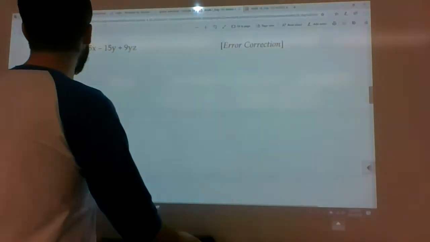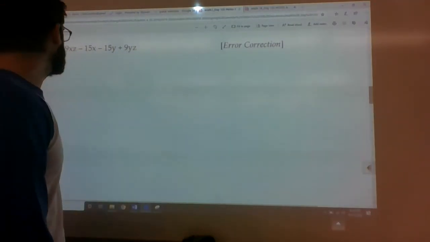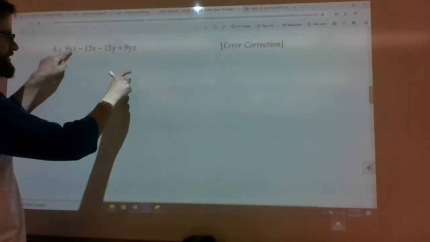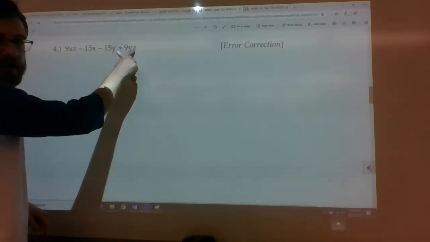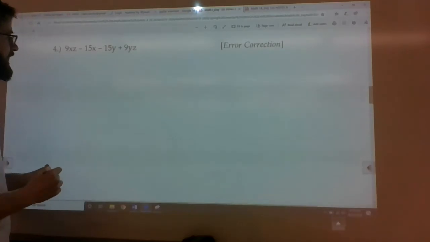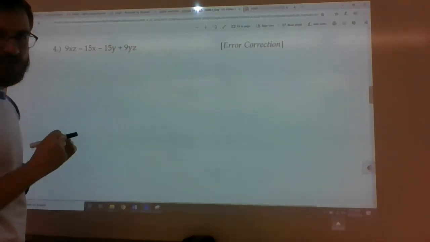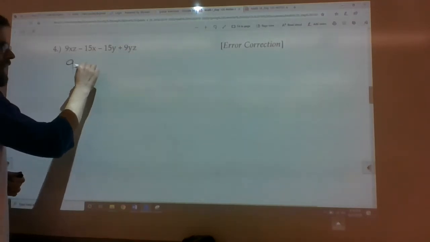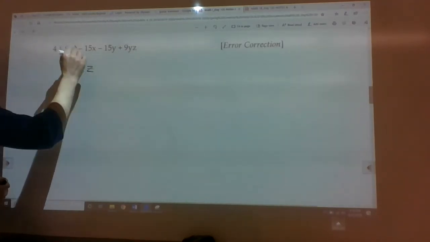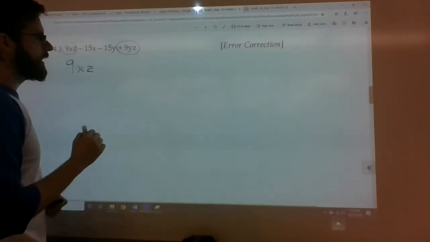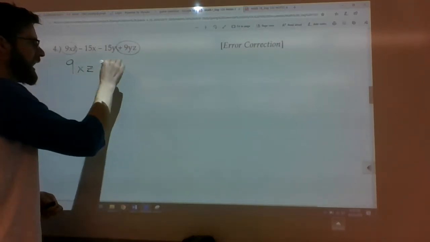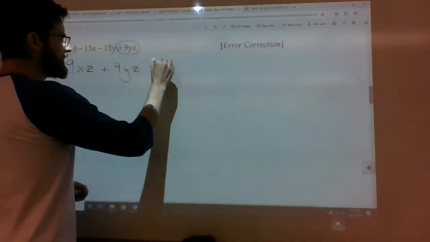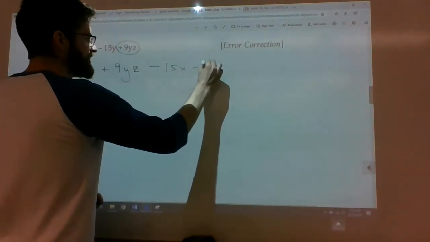So the first question of rearranging, maybe it would be a good idea in this case. I see a 9xz here and a 9yz here. Seems like the 9z's should be together. So I'm just going to rearrange right away. 9xz is going to be combined with plus 9yz. And then you have negative 15x minus 15y.